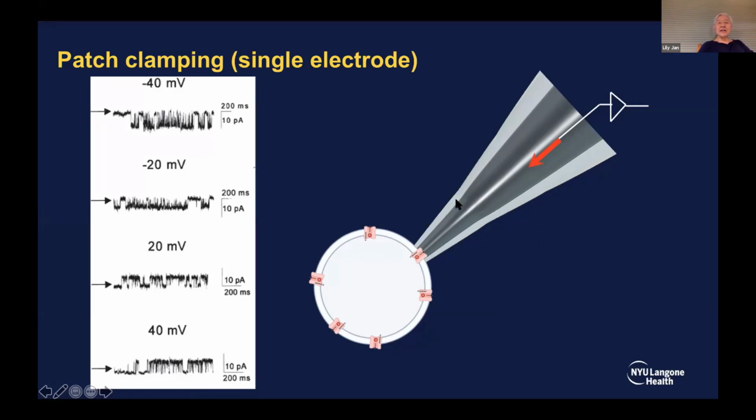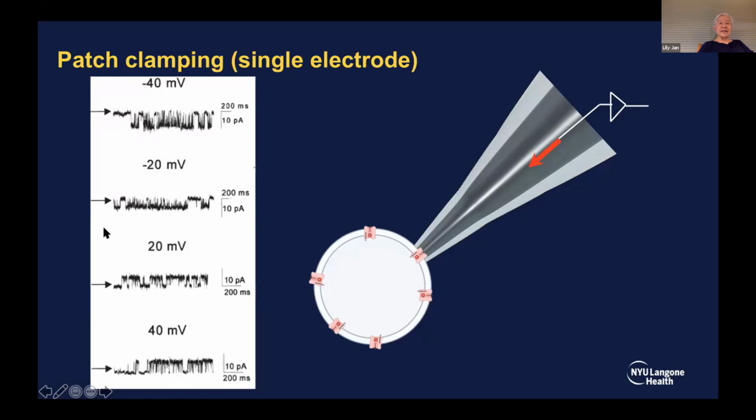And we can actually use the same electrode for voltage clamp. So the same electrode will measure the potential across the membrane patch and also pass current via the feedback circuit to maintain the membrane potential at a constant level. And so in this case, the current flowing through via the feedback circuit gives the measure of the single channel current.